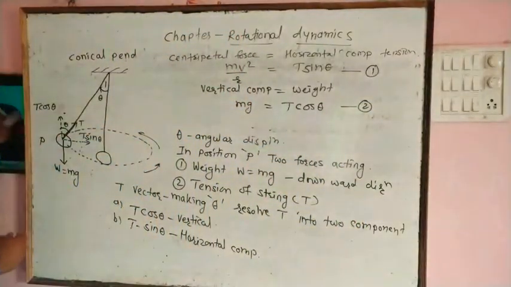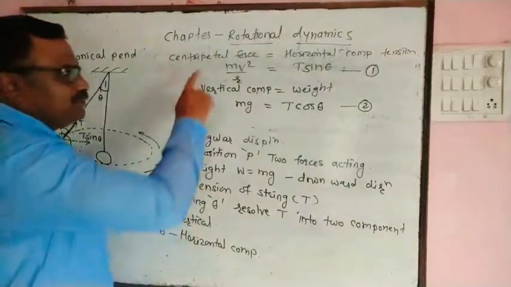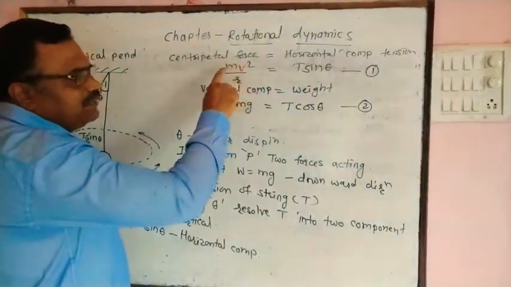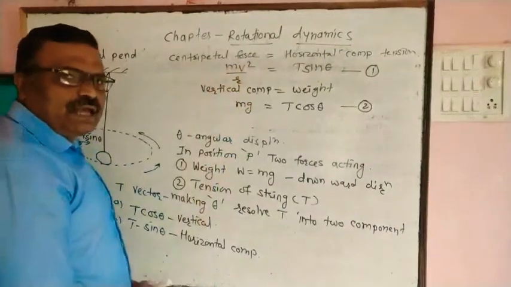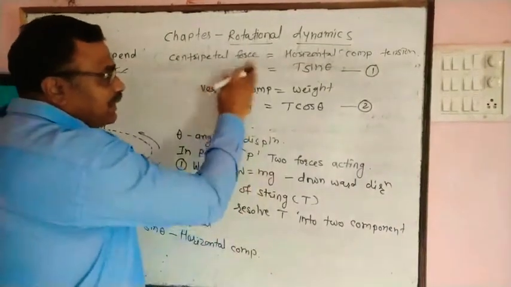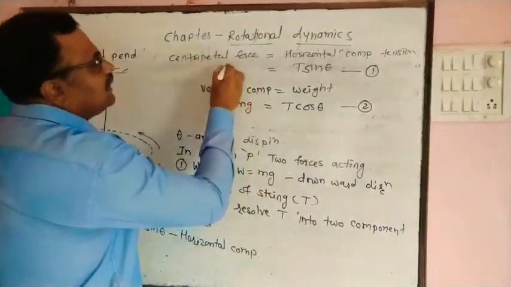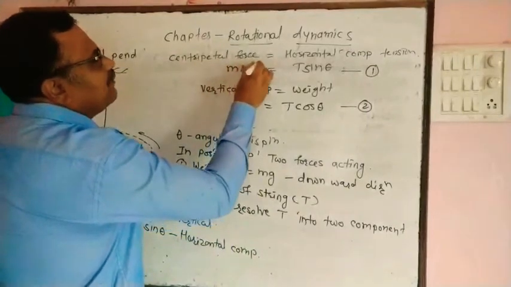Now we can express centripetal force by the formula mv square upon r. Also we can use another formula, and that is m r omega square.